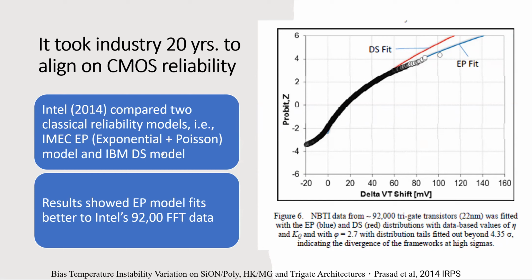But if they compare the IMEC EP model and the IBM DS model, this EP model is the exponential Poisson model, which is defect centric, and it is a little bit different. It's not log normal, but something else, using a new distribution, and then they use their data.